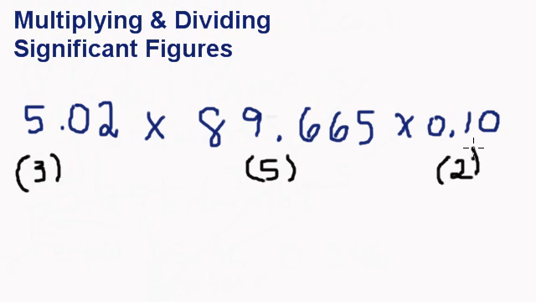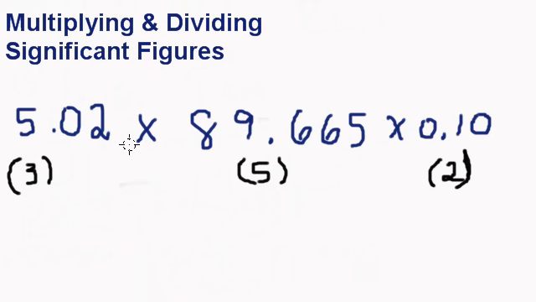Okay, so that's the first thing you do. After that, you need to multiply 5.02 times 89.665 times 0.10.